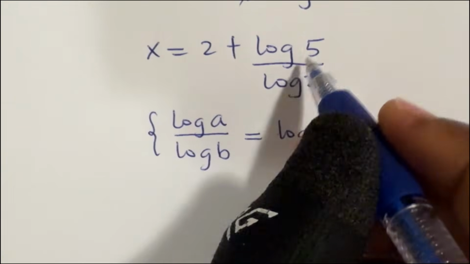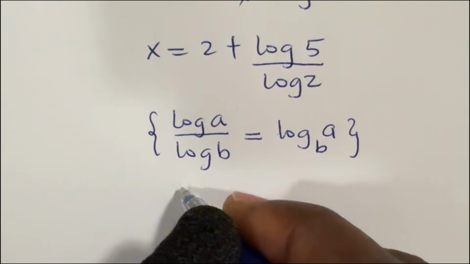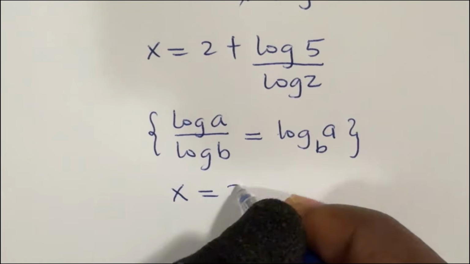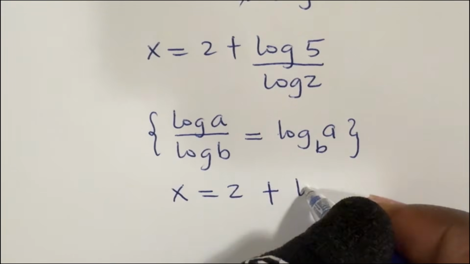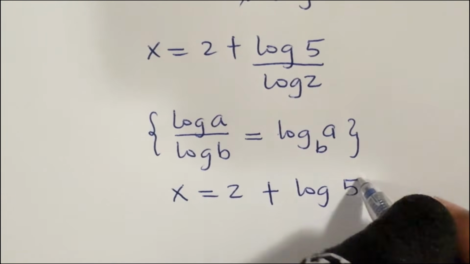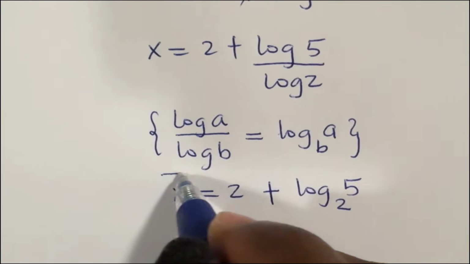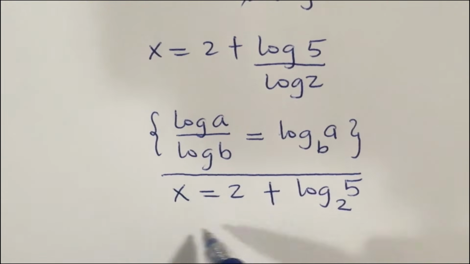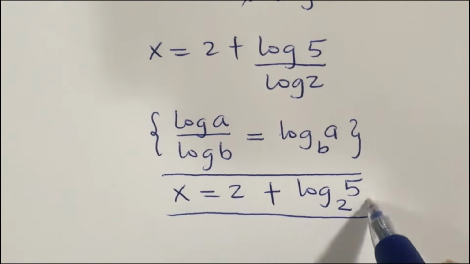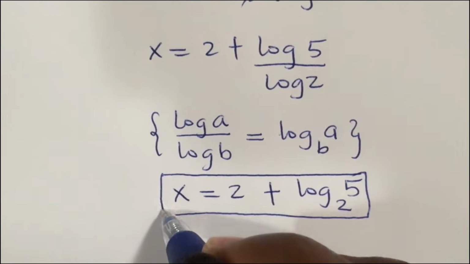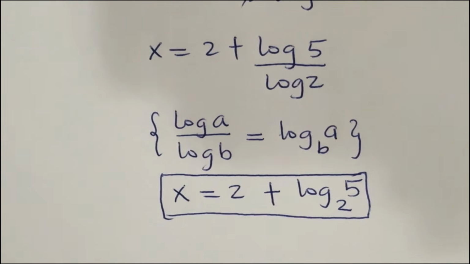So this fraction becomes log 5 base 2. So you have x is equal to 2 plus log 5 base 2. And this will be the final answer for this problem. X is equal to 2 plus log 5 base 2.